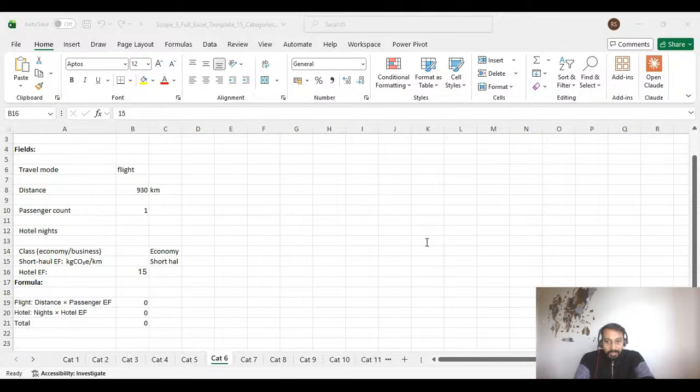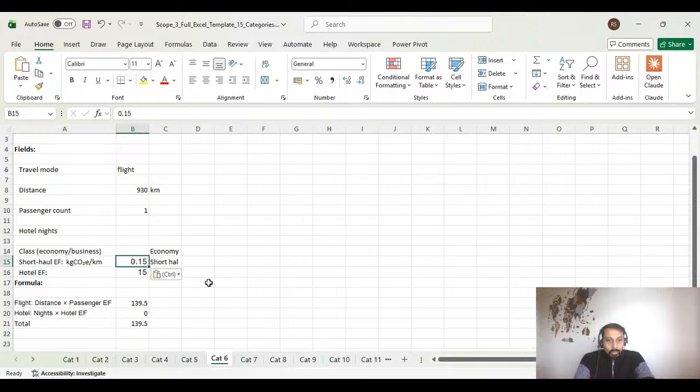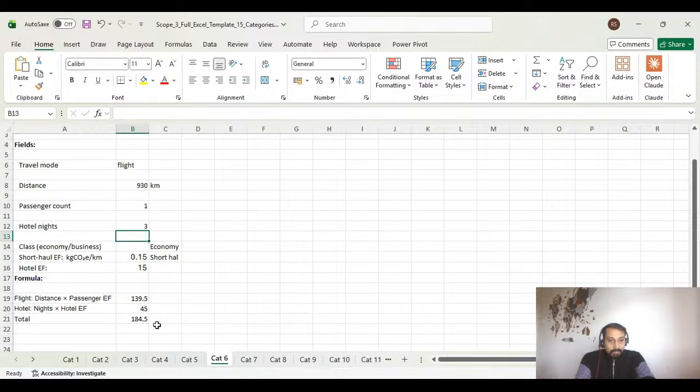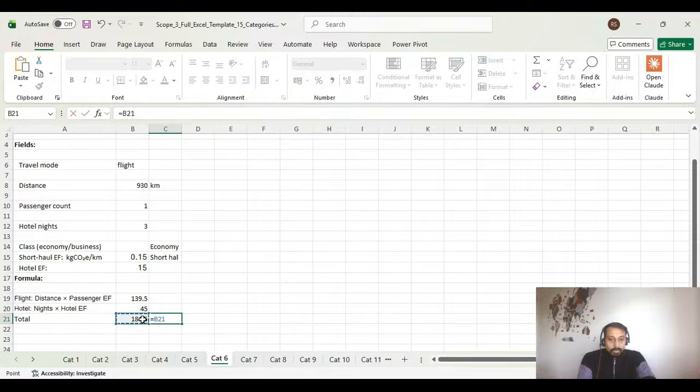So that is an average one, and 0.15 kilogram CO2 equivalent for the short haul. For the long haul, the emissions will be different. And similarly, the hotel nights are calculated. So here hotel nights will be 3 nights. So it's 45, and the total is 184.5, and that covers the overall emissions in kilo.